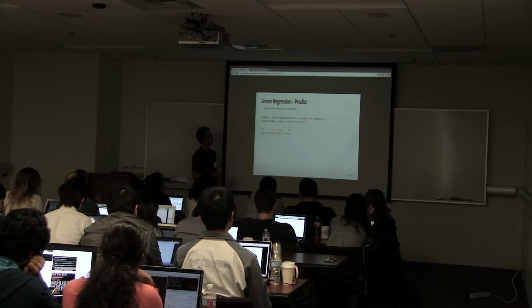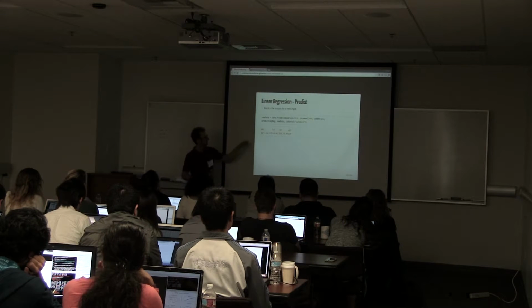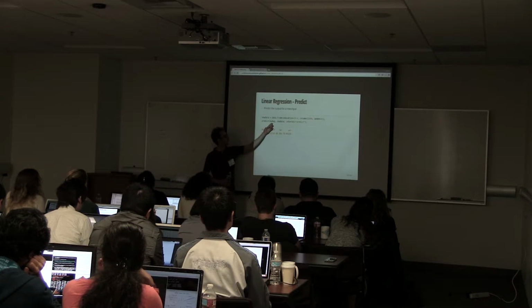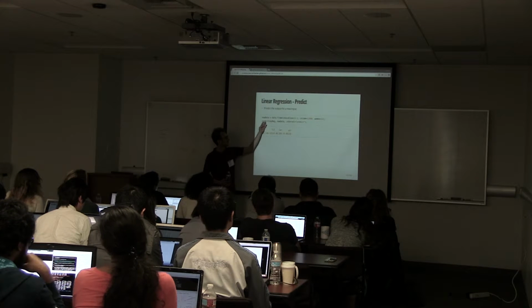So this is another great thing about R's modeling conventions: after you fit a model, which in this case is called myreg for my regression, you just pass it into the predict function.